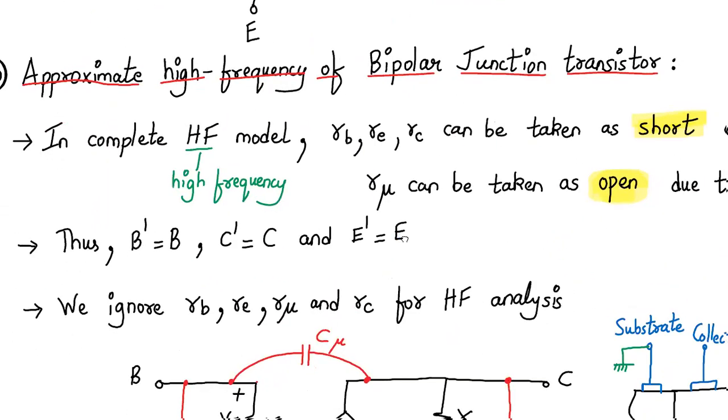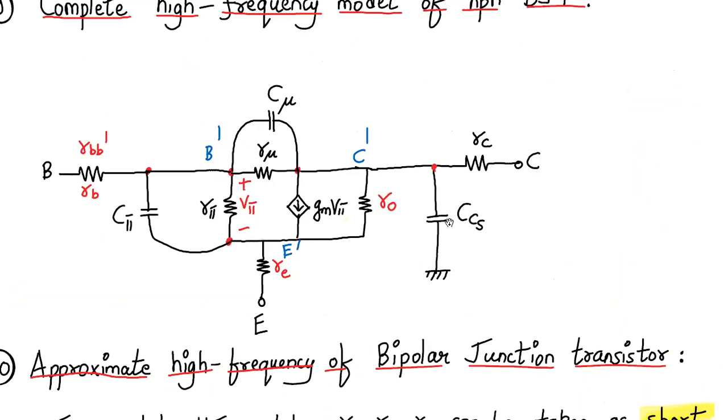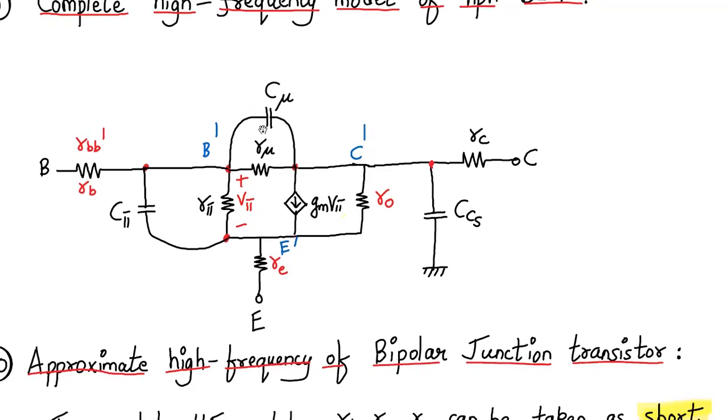In the complete high frequency model, RB, small RE, and small RC can be taken as short circuits because of their very small value, around 5 to 10 ohms.